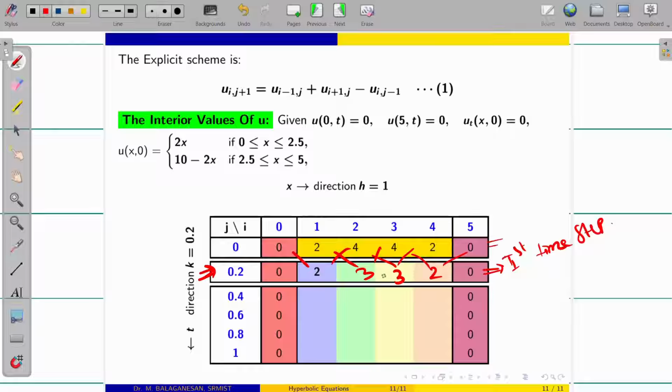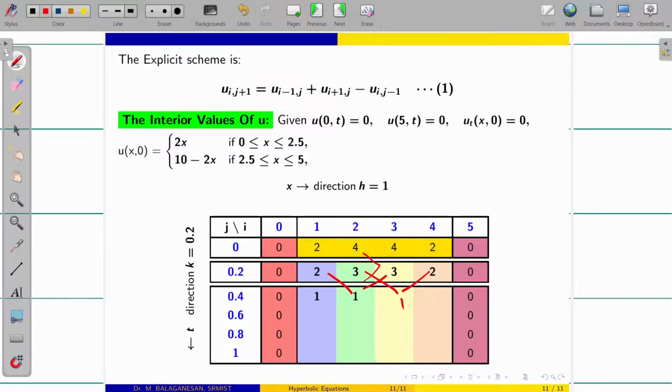So we have to apply the Bender-Schmidt formula. Average of the two. Thereafter, if you want to find this value, this plus this minus this. Clear? Fine. I have to find this: this plus this minus this. So 2 plus 3 is 5, 5 minus 4, it is 1. Similarly, 3 plus 2, 5 minus 4, 1.